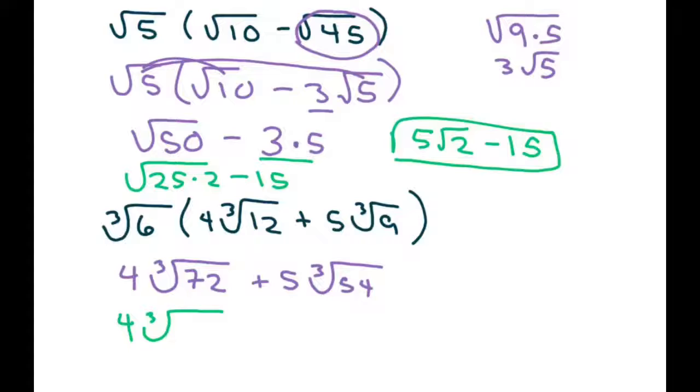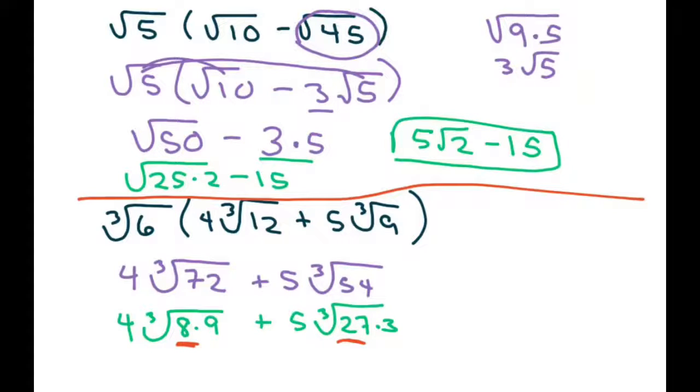if I do 8, I think 8 times 9 is 72. And for the 54, I have the cube root, that's 27. So that's going to be 27 times 2. Now my cubes are the 8 and the 27. So let me clean this up here. I can write this as, okay, I'm going to pull out the 8.